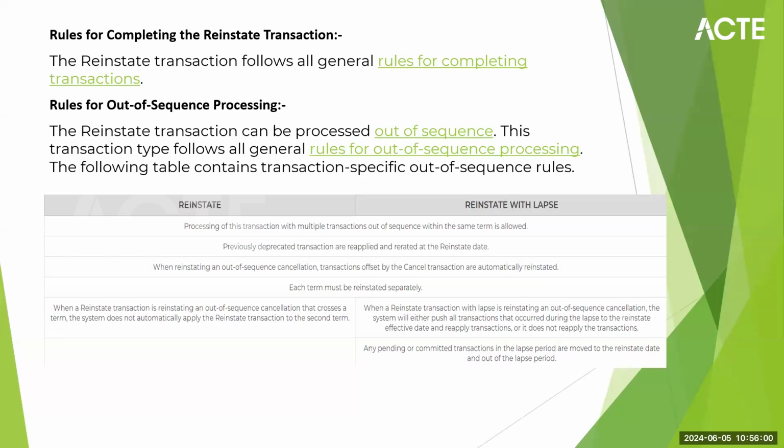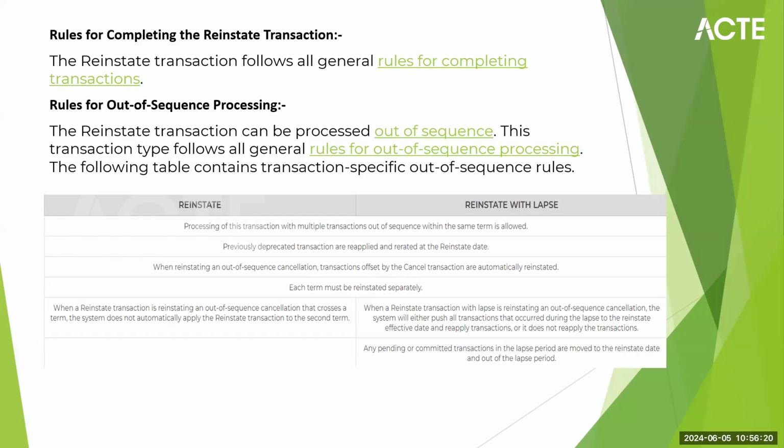Okay. When a reinstate transaction is reinstating an out-of-sequence cancellation, the process term, the system does not automatically apply the reinstate transaction to the second term. For example, you are doing another reinstate transaction.